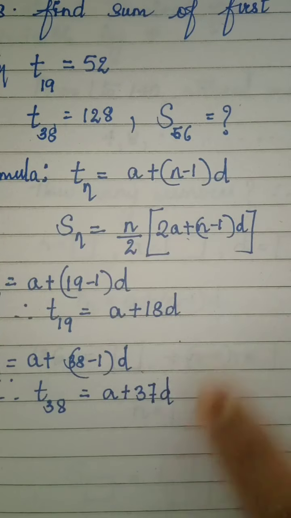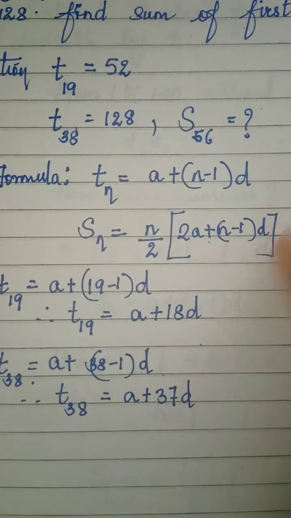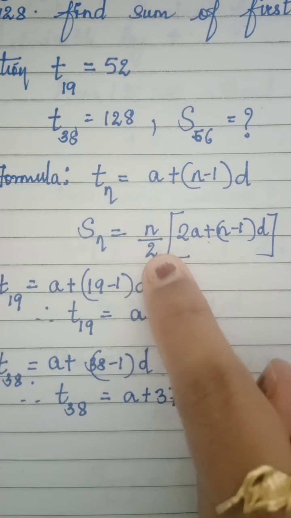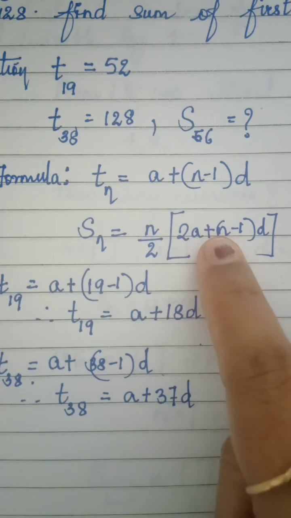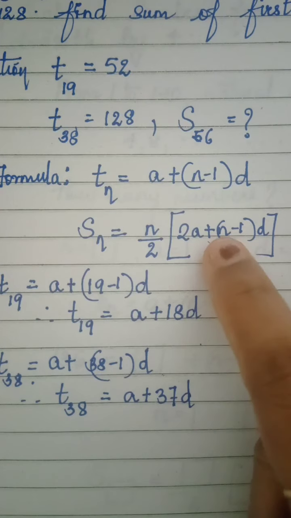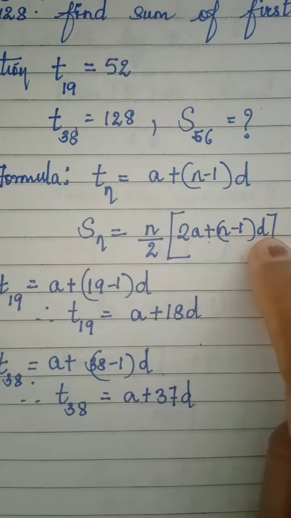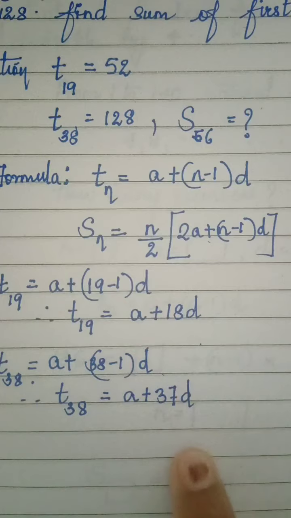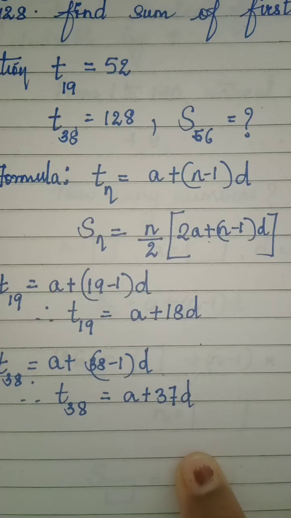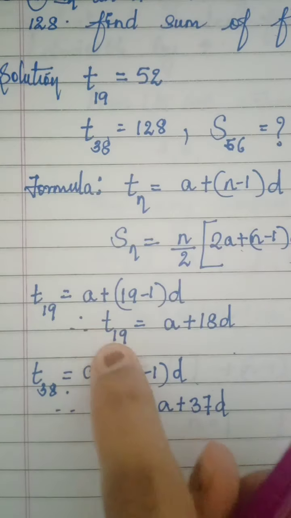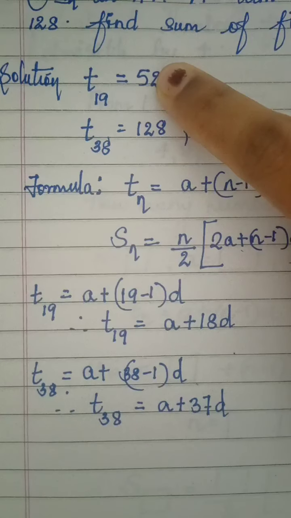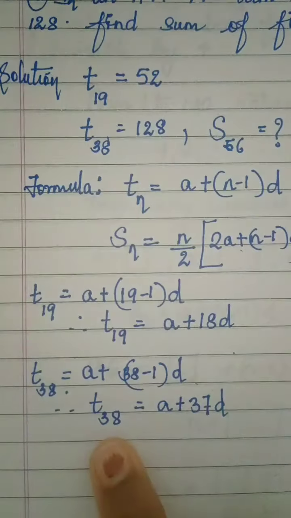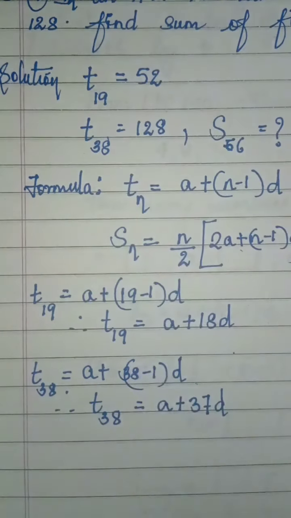Now every now and then compare what we want. We want S56. So here it will be 56 upon 2 into 2A plus n is 56, 56 minus 1 into D. Okay. Till now we got these two terms. Am I clear? Now how much is T19? You have the value. T19 is given as 52 and T38 is given as 128.